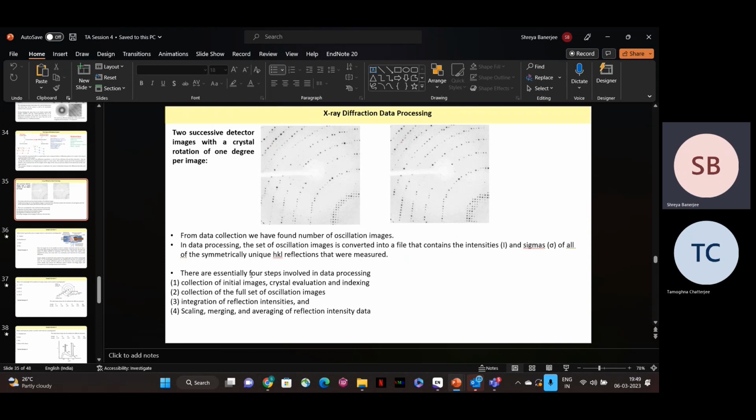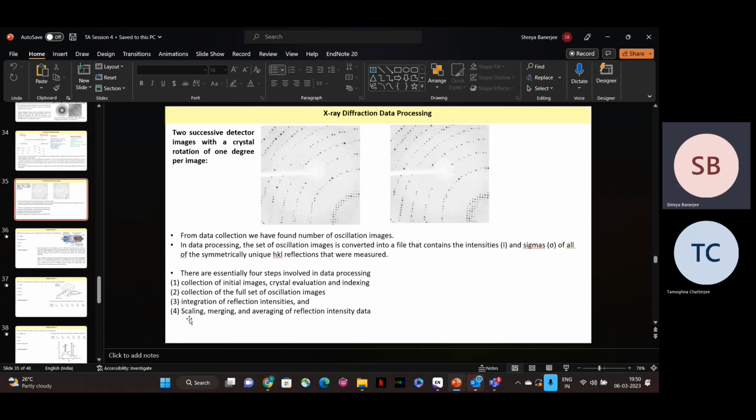First, the initial images are collected. You mount the crystal on the goniometer and rotate it at different angles to get a bunch of initial images. Then the indexing is done, so each of the spots is labeled by H, K, and L. After collecting the full set of images, it is the integration of the reflection intensities, where the intensities of each spot are integrated.